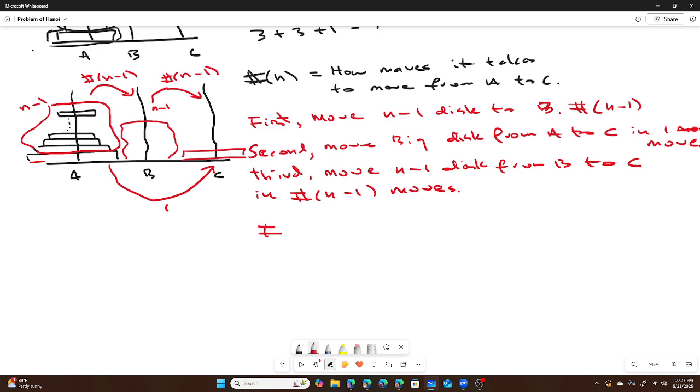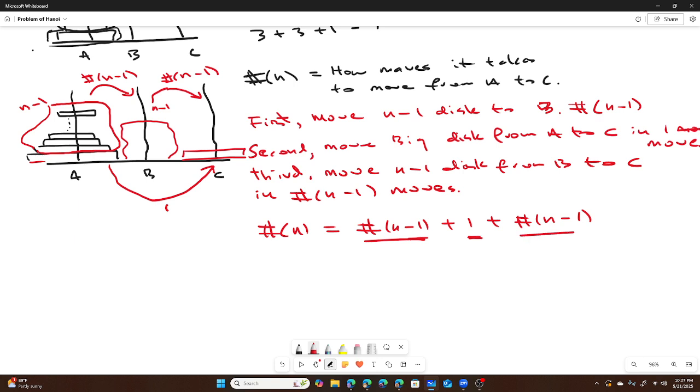The number of moves it takes to move n disks is equal to f(n minus 1) plus 1 plus f(n minus 1). The first term is to move n minus 1 disks from pin A to pin B. Then this term is for moving the giant bottom disk from pin A to pin C in one move.